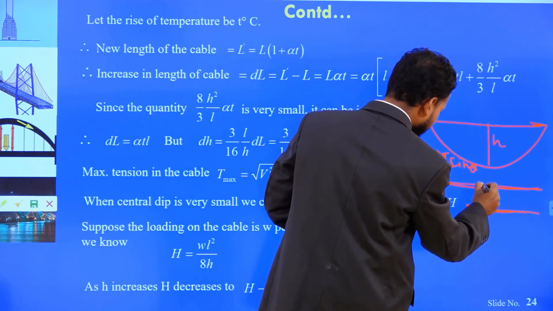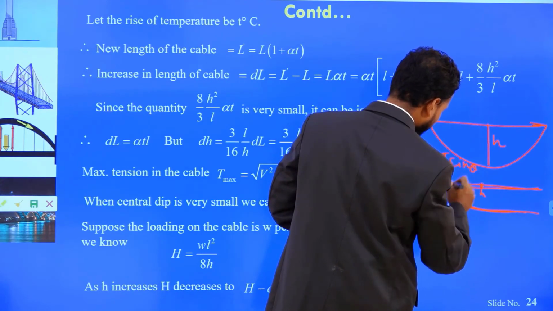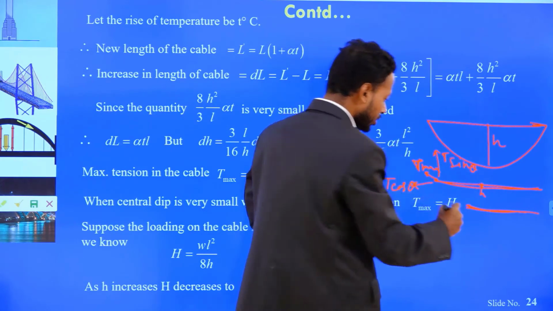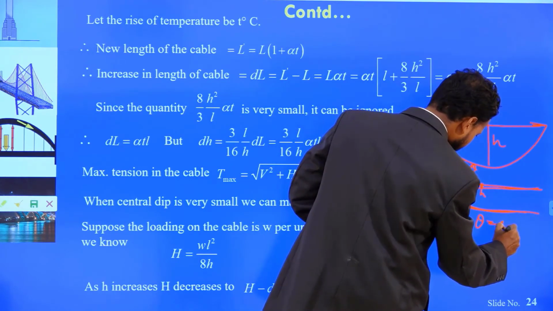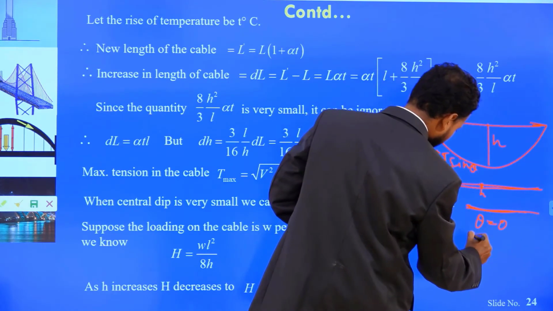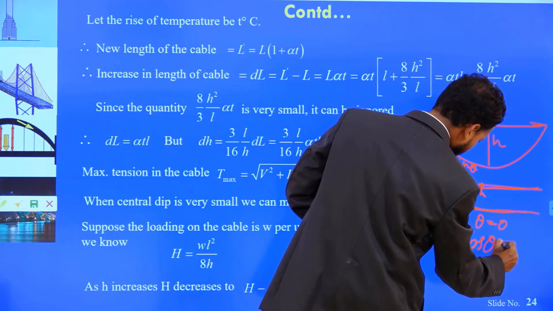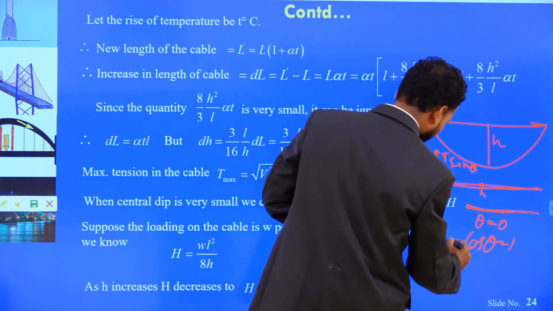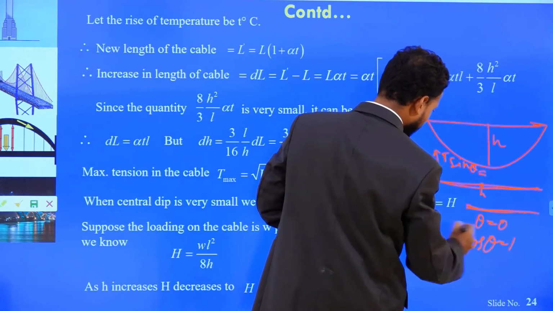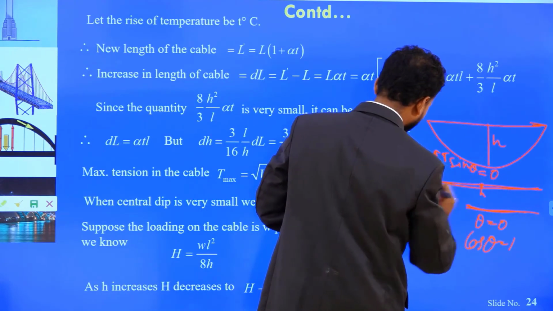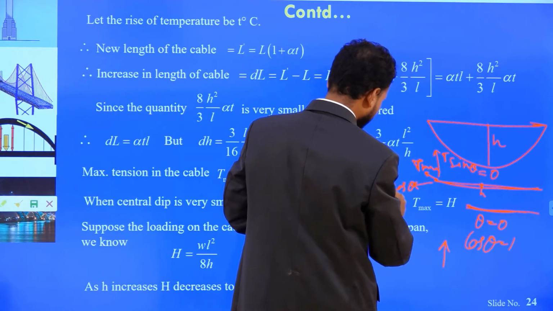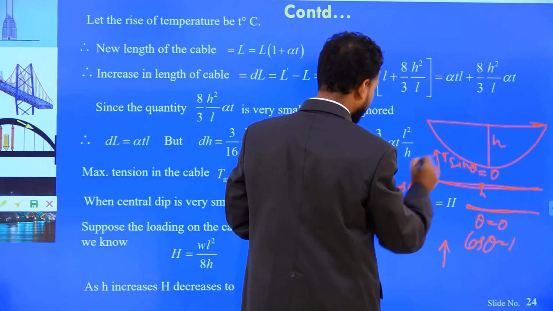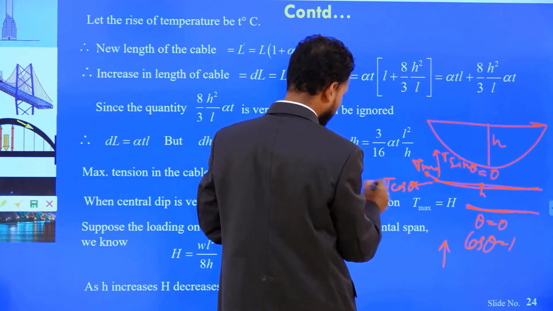So if the deep of the cable is very small, theta will be 0. If theta is 0, cos theta will be 1. If cos theta is 1, what will be the vertical component? Sin 0 is 0 and cos 0 is 1. So the vertical component will vanish and the horizontal component will be maximum.